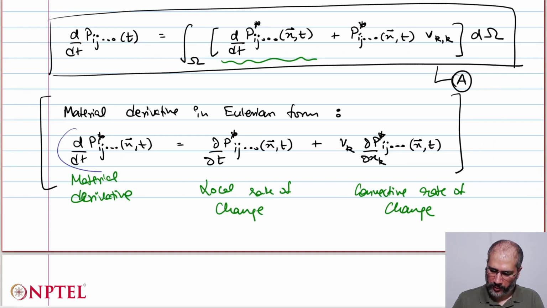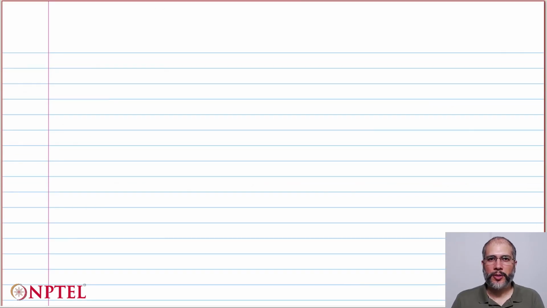So I substitute this into this equation. And just for saving some space, this time I'll assume my property P is a second order tensor. So I don't have to write dot dot dot.